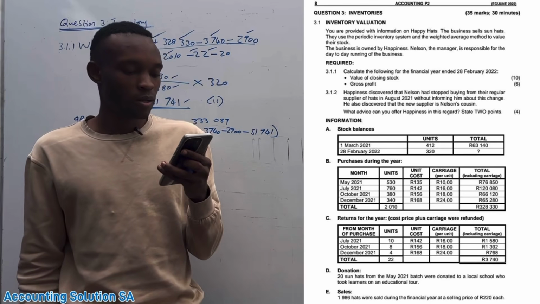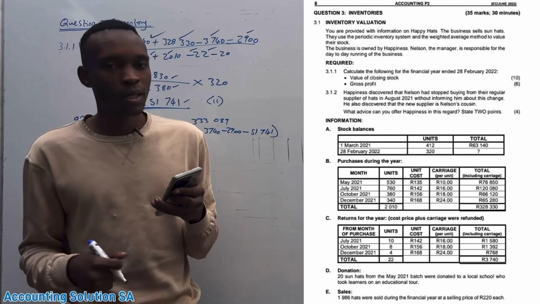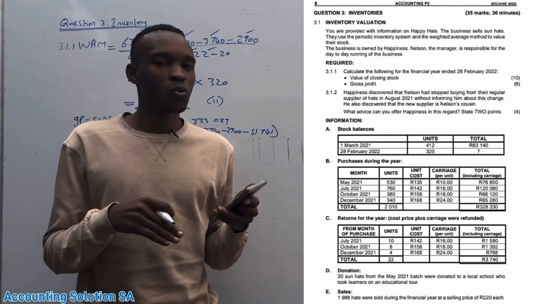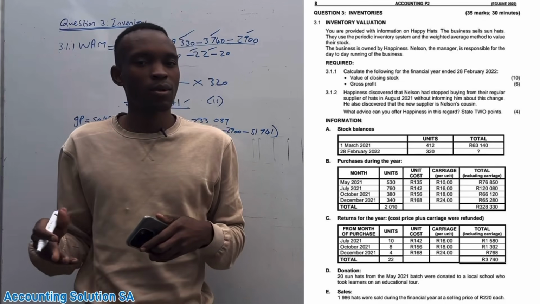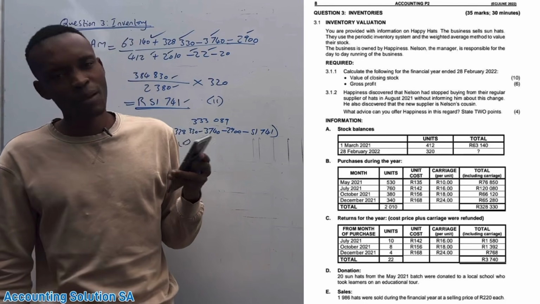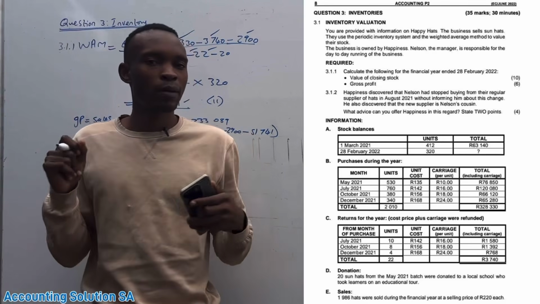The owner, guys, finds that the manager is now buying from his cousin. In other words, he changed the previous supplier to his cousin so that he can also benefit.